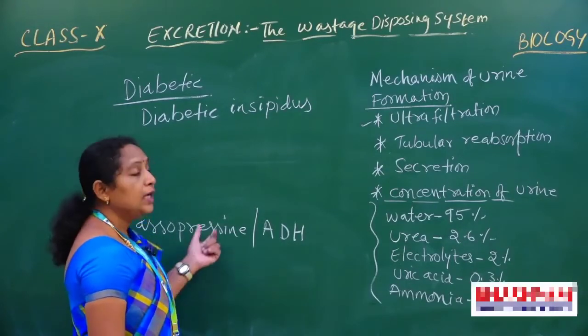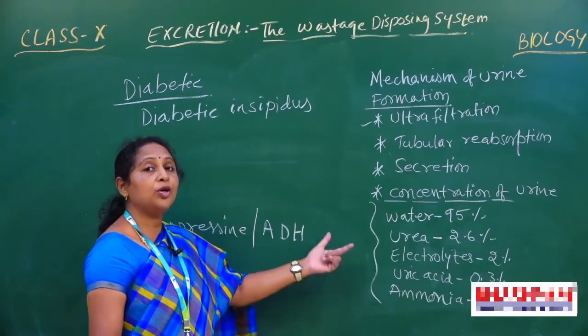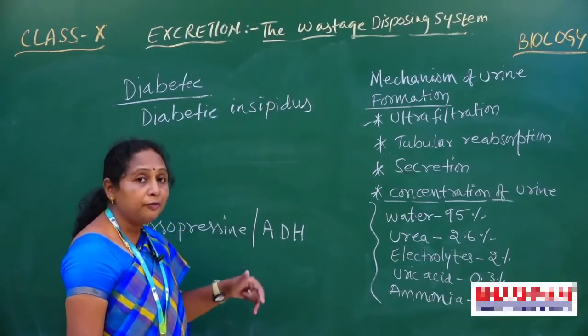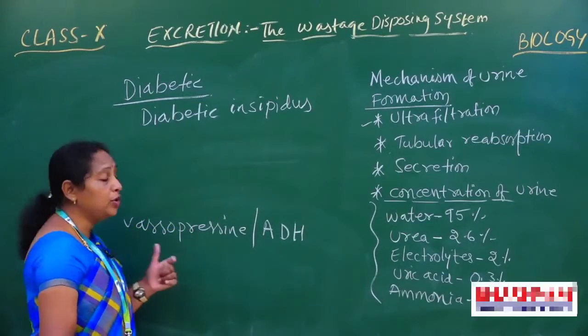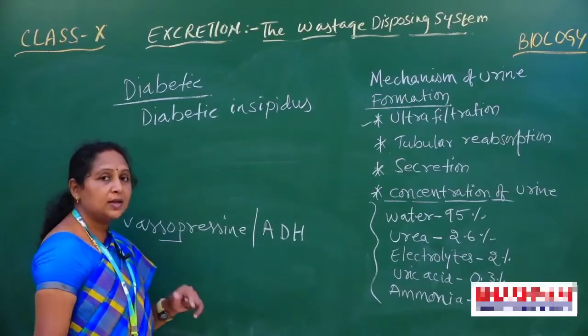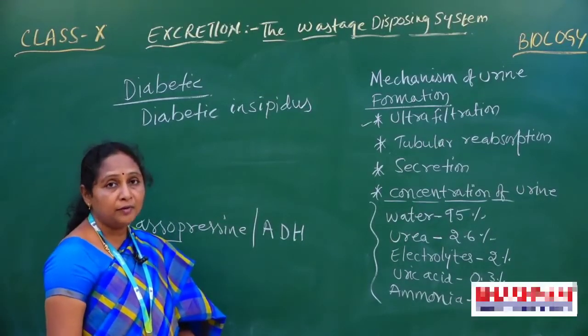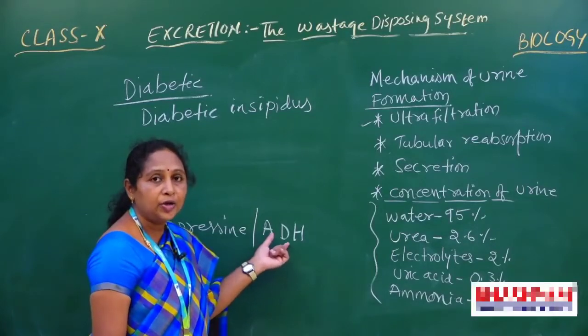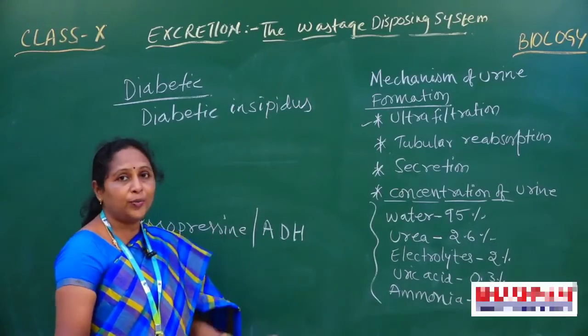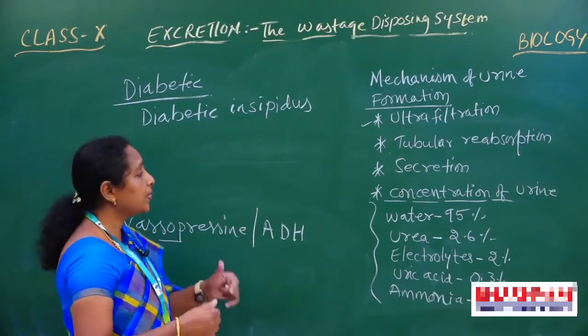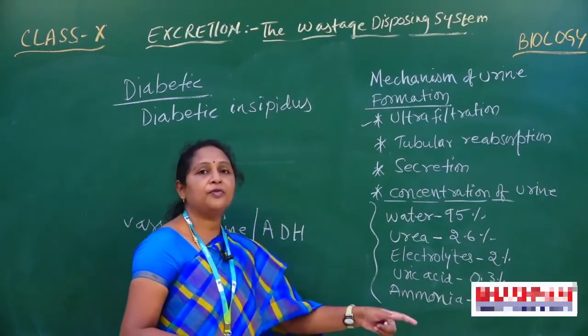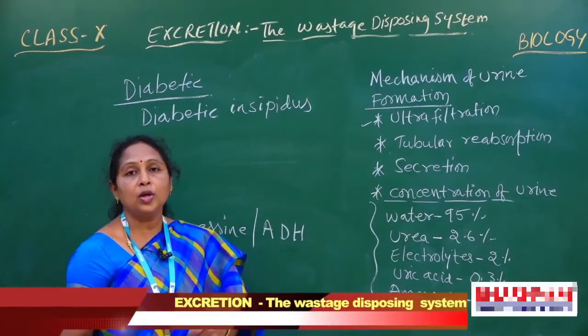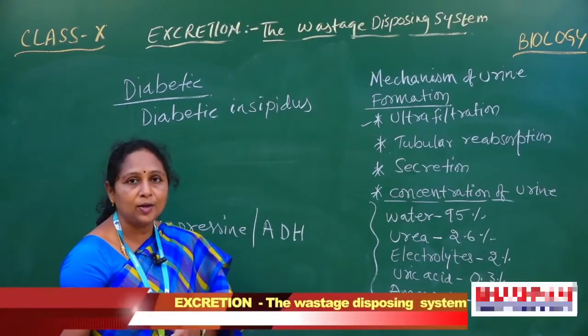So here, if the concentration is lost, how? If your body produces more vasopressin, or there is an absence of vasopressin, or the absence of ADH, antidiuretic hormone, is not produced, then what happens? The concentration of urine becomes less concentrated, that is, dilute.